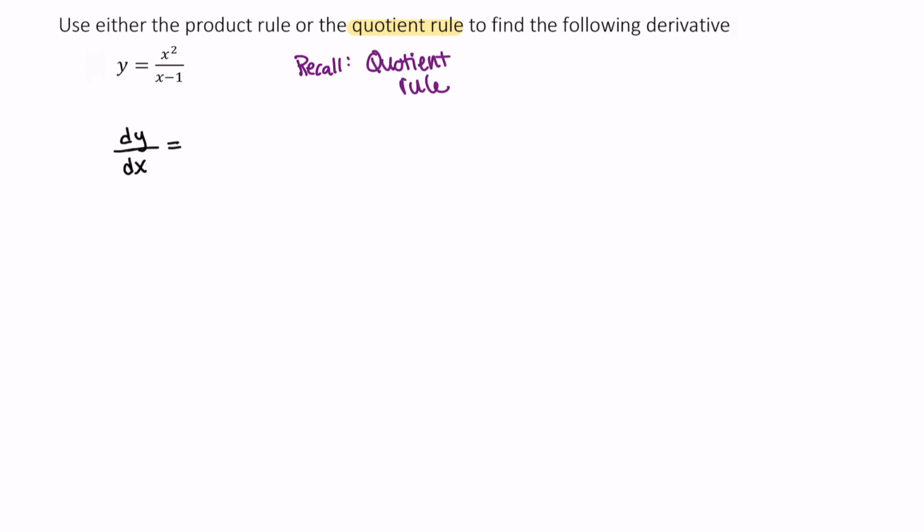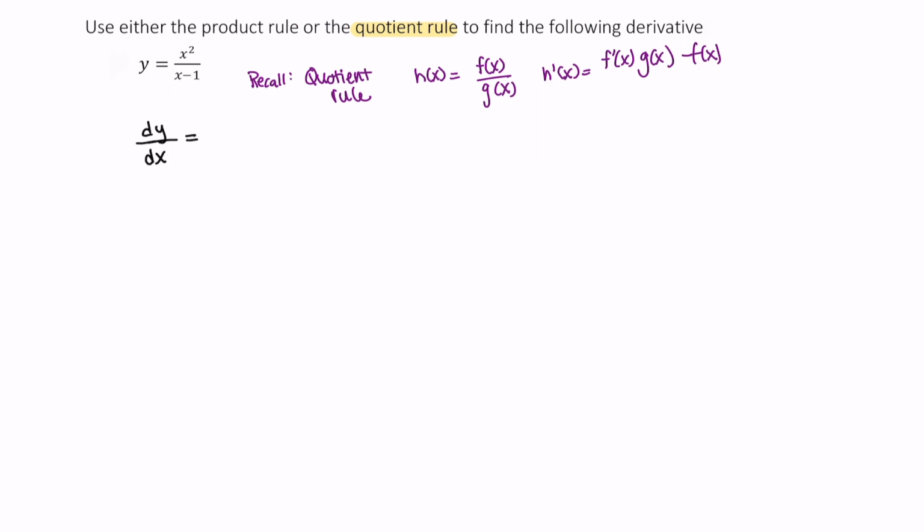If some function, say h of x, is equal to f of x over g of x, then h prime of x is equal to f prime of x times g of x minus f of x times g prime of x, divided by g of x, and this whole denominator is squared. Of course, g of x is not equal to 0.